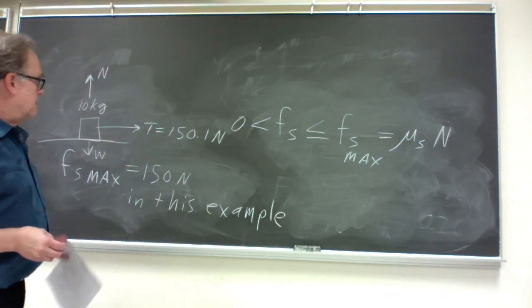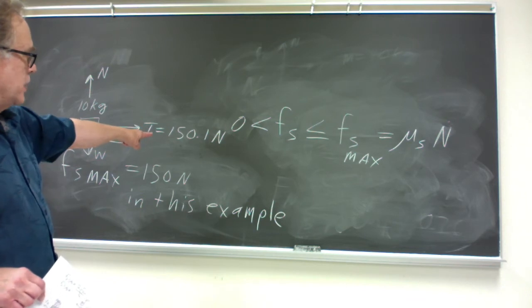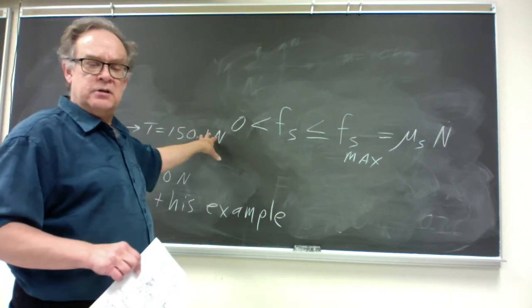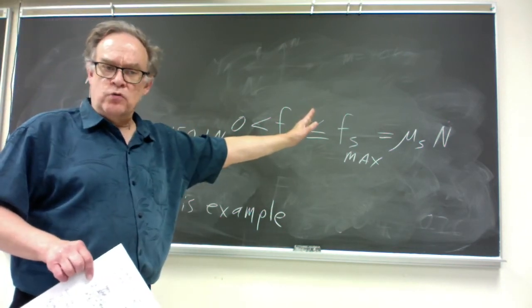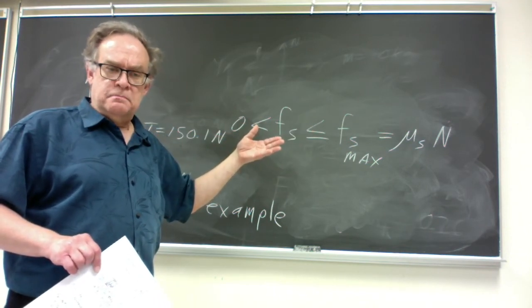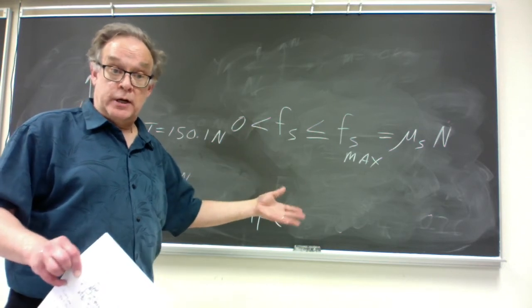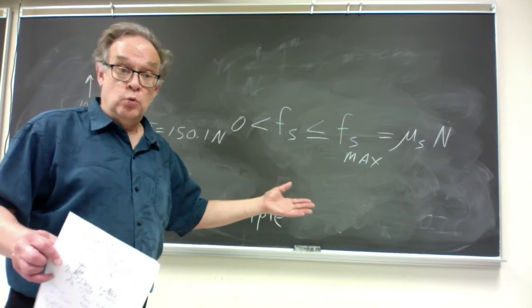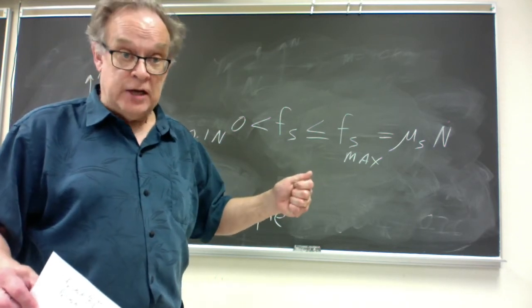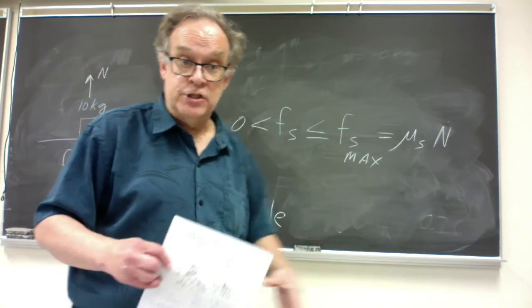But in this particular case, when I just barely start to get that thing moving, how much is it accelerating? How fast is it accelerating when I finally pull hard enough to change its velocity from 0 to something a little bit bigger than 0?